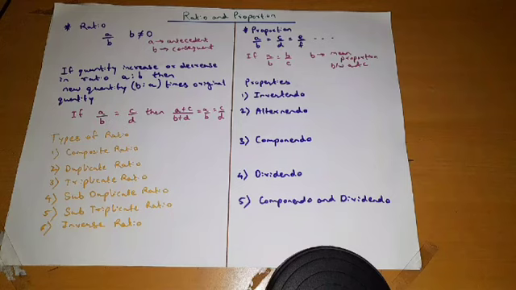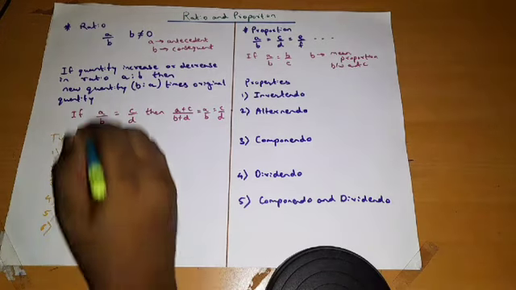Now let's start with some properties of ratio and proportion to understand. What is a ratio? Ratio is the division of two same quantities. Same quantities means same unit.